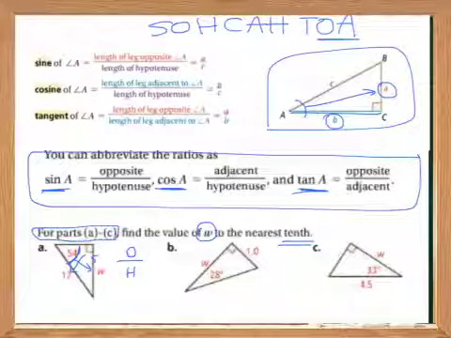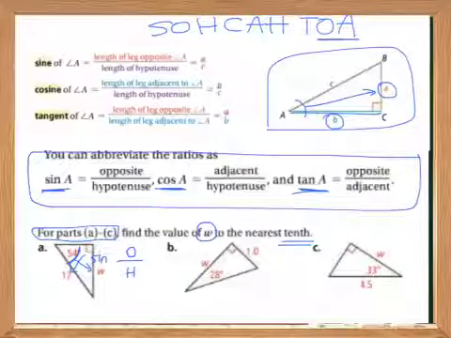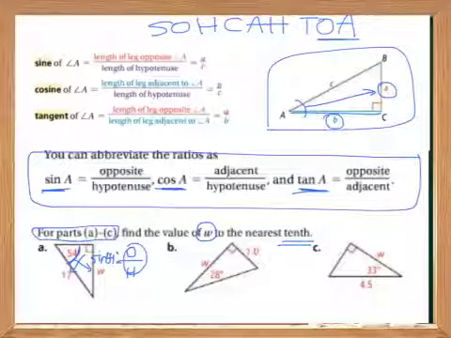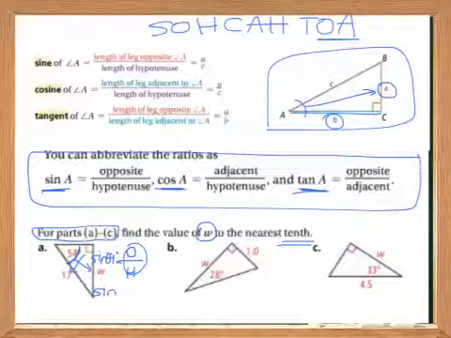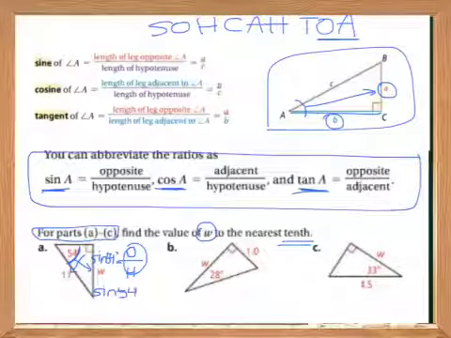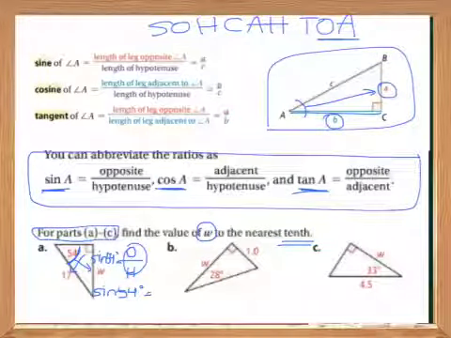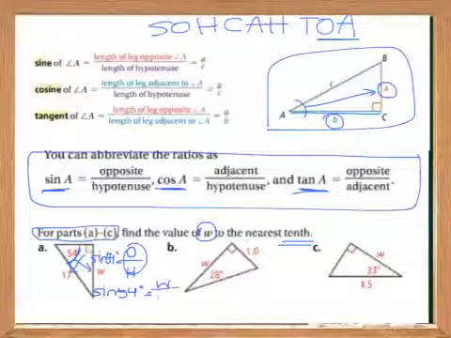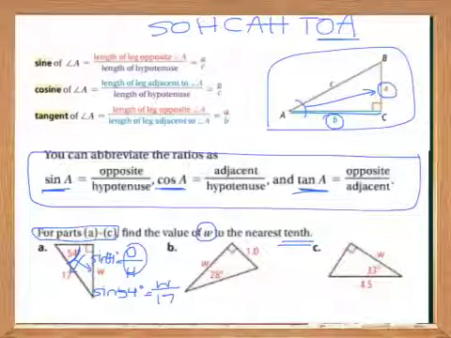That's going to be the sine. So sine of 54 degrees is going to equal the opposite over the hypotenuse. So we would do sine of 54 degrees equals the opposite, which is W, over the hypotenuse, which is 17.